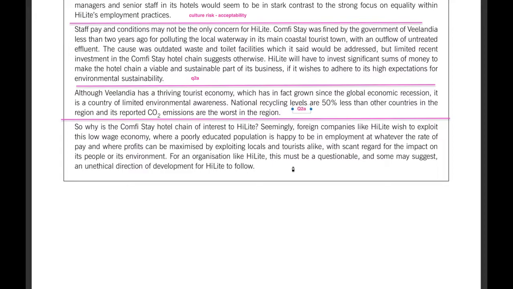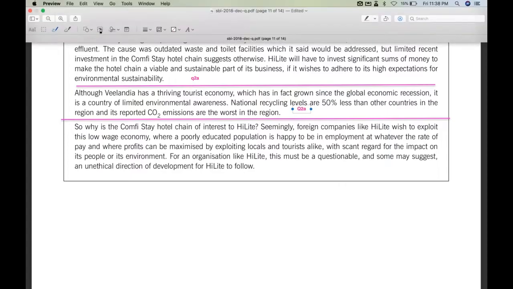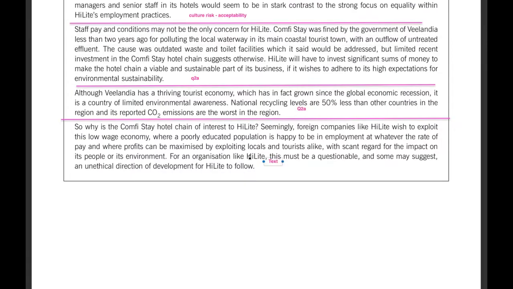Okay, and then here are the criticisms that we mentioned. So you are supposed to be answering this particular criticism. So these are the criticisms.